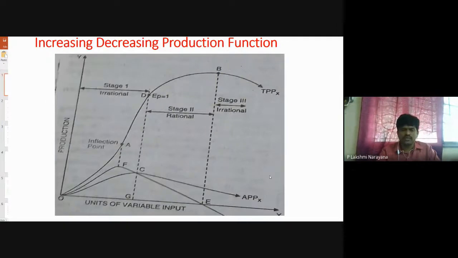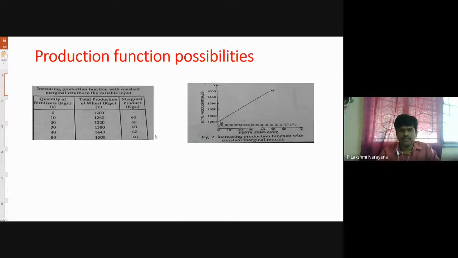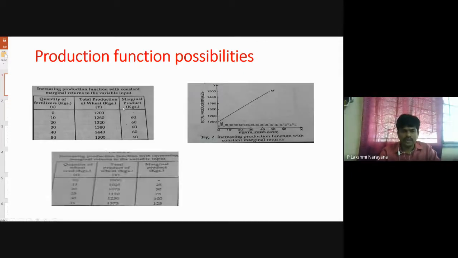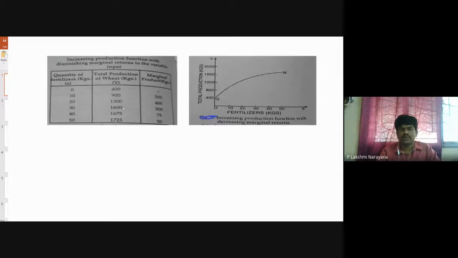So these diagrams explain all of this. The first production function possibility is an increasing production function with constant marginal returns to the variable input. Again, an increasing production function with increasing marginal returns to the variable input. The third case is an increasing production function with diminishing marginal returns to the variable input.